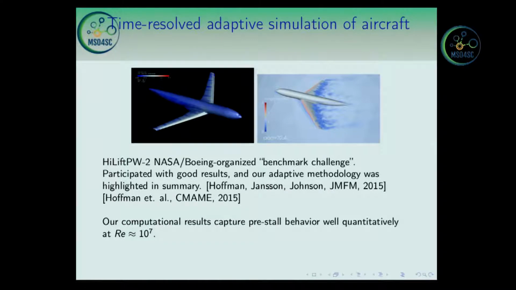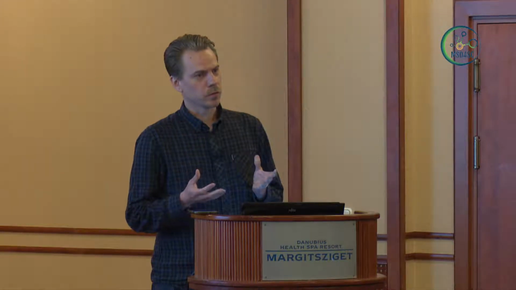The main application I will show in this presentation is a benchmark for an aircraft. NASA and Boeing organize a high lift prediction workshop. They give detailed experiments of an aircraft in a wind tunnel, and teams from around the world are invited to try to predict the experiment.